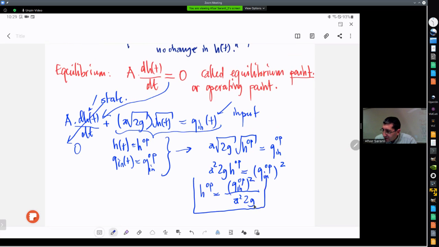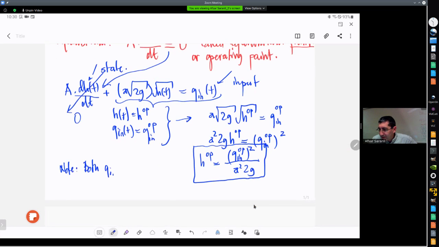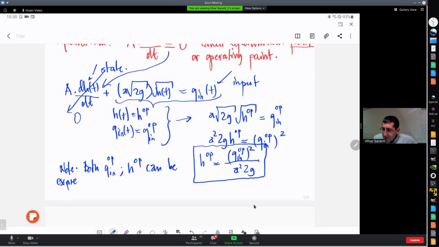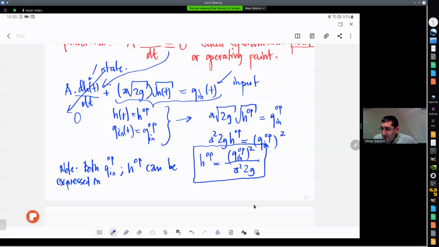What is important here is that you can express q_in_op in terms of h_op, and you can express h_op in terms of q_in_op. So note, both q_in_op, the operating value of the input, and the state can be expressed in terms of each other.